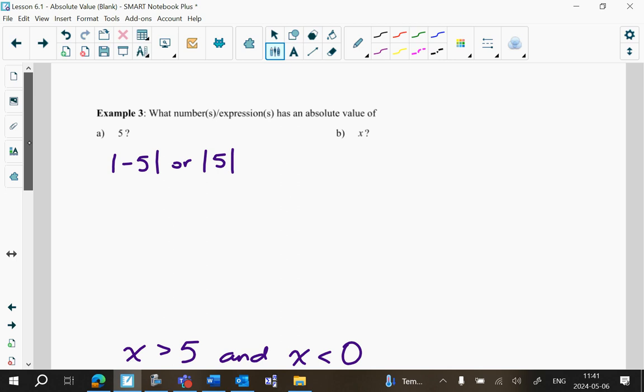And this would obviously be negative x. Or... You're going to learn that in stats next year when we do probability. There's a big difference between and, or.